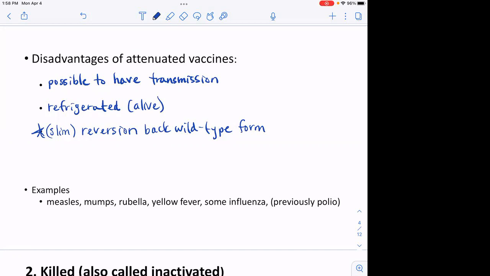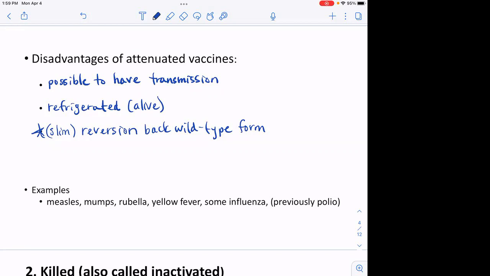So we didn't really worry about that too much for a long time, until it happens once. So like I said, for example, there are two different vaccines for polio. And they both came out about the same time in the 50s. One was a killed polio virus, so we'll talk about that in a second. The other was this attenuated strain. We kind of went back and forth about which one we used.